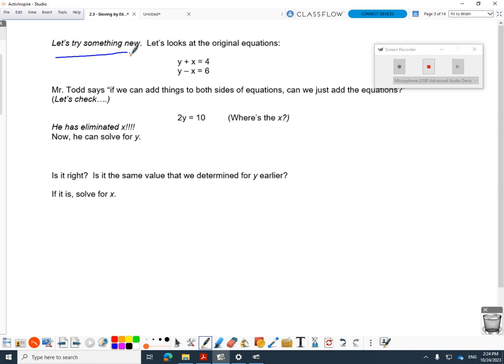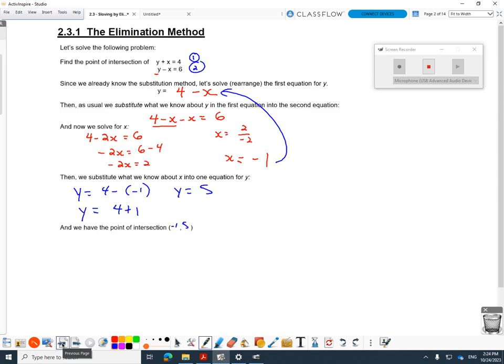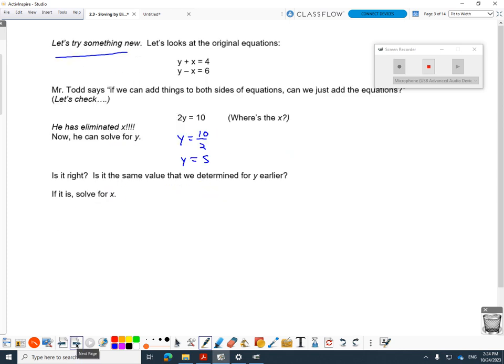And solving for y is easy: 10 divided by 2. Is it still right? Is that the y I got in the previous example? Yeah, it's the right y. Now it says solve for x. Yes, I can put that y in.